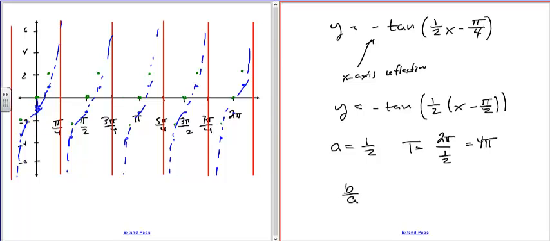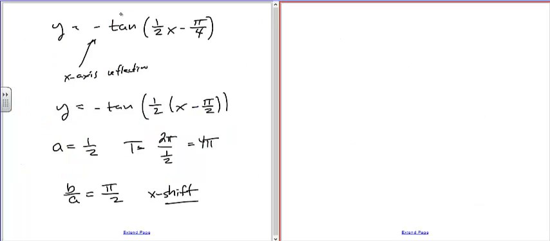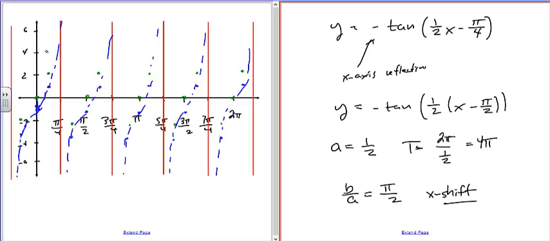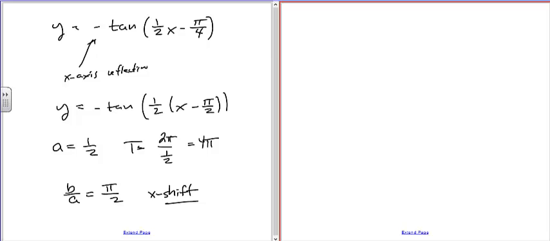When I factor it, b over a is going to be equal to pi over 2, and that's my x shift. Plus, so I'm going to move everything in the x direction. And what we'll do is move the vertical asymptotes, and then we'll do everything based on that. Okay, so what did we do last time? We're going to do symmetric around the origin.